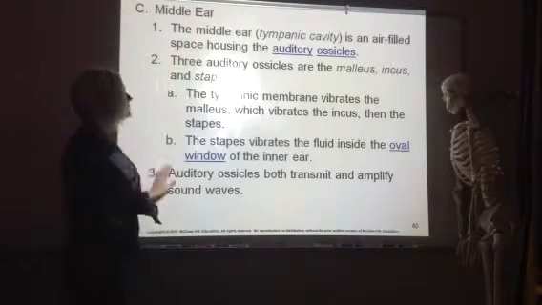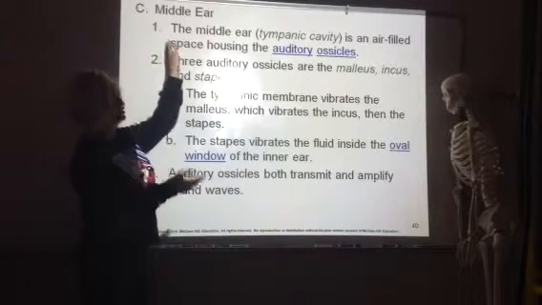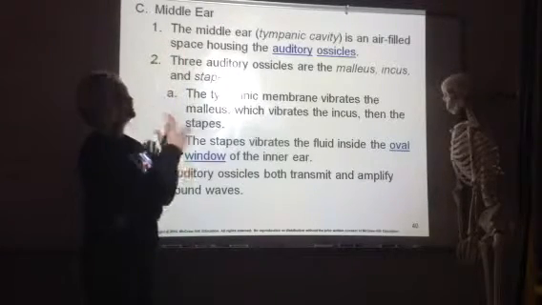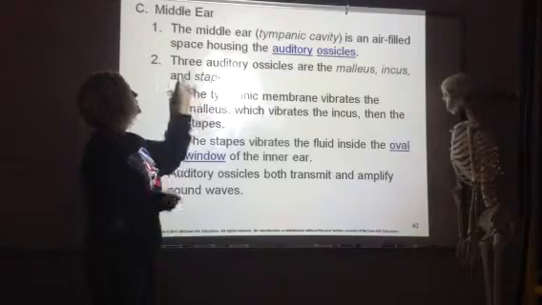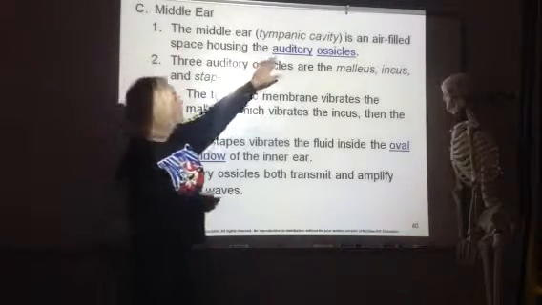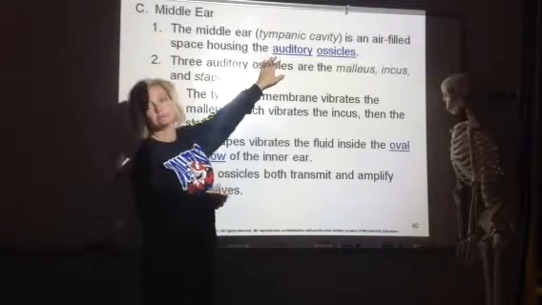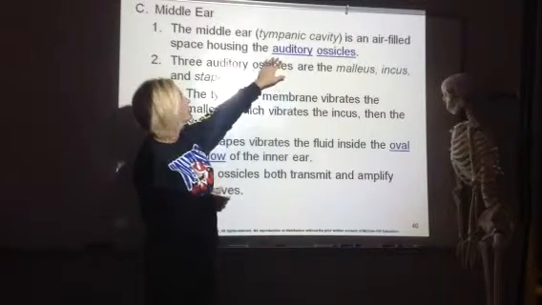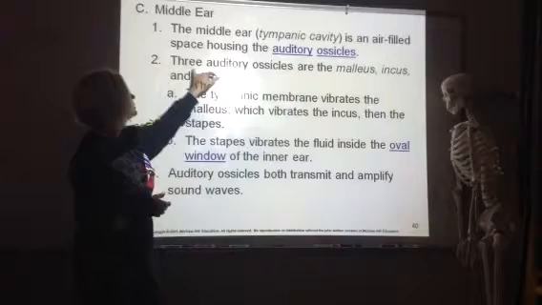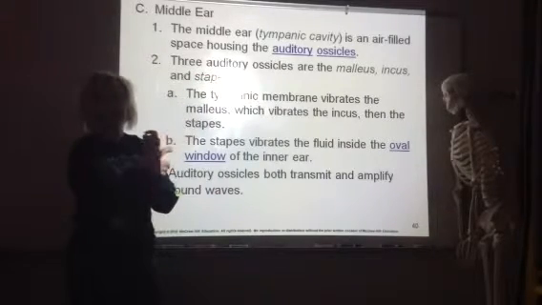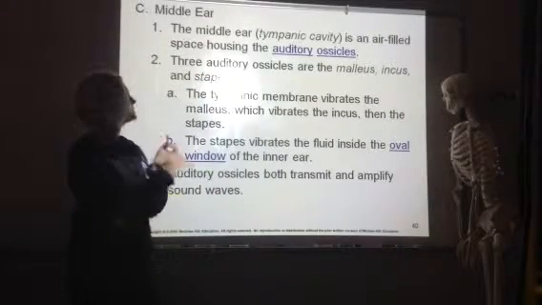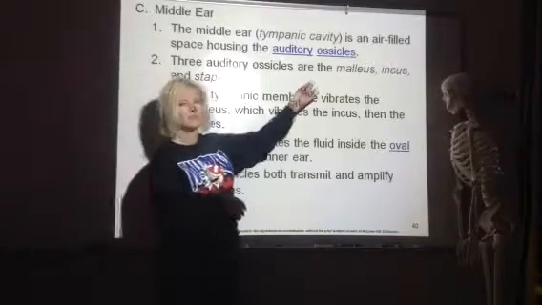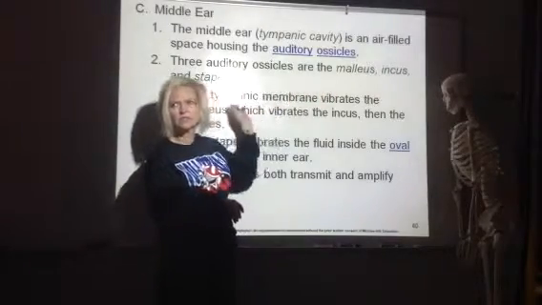So the middle ear, also called the tympanic cavity, comes after your eardrum. It contains the three auditory ossicles, a fancy word for small bones, hearing bones: the malleus, incus, and stapes. Or have you heard hammer, anvil, stirrup?